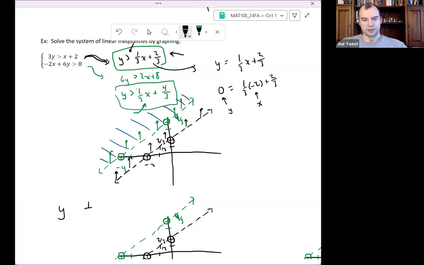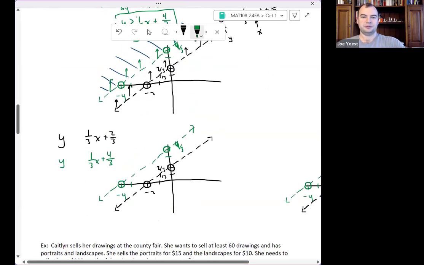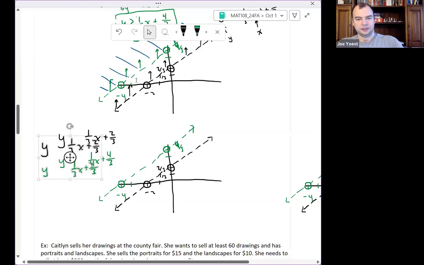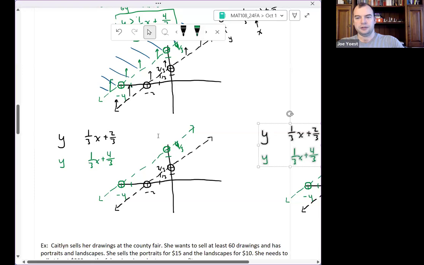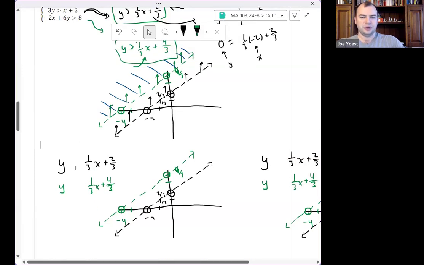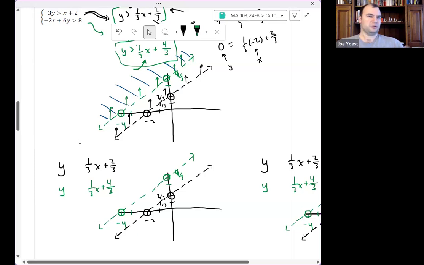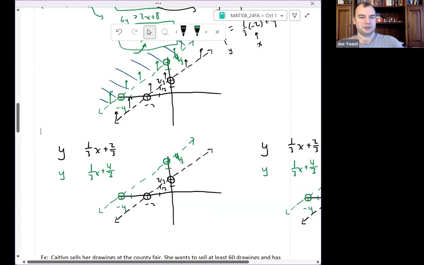So I have y being compared to 1/3 x plus 2/3, and y being compared to 1/3 x plus 4/3. And let me copy this over here, save myself a little bit of writing later on. So what if I had a similar comparison? Whatever inequalities I put here, whether both of them are greater than, like up here, or whether it's mixed, or whether they're both less than, I'm still going to have these dashed lines that represent the boundary lines.